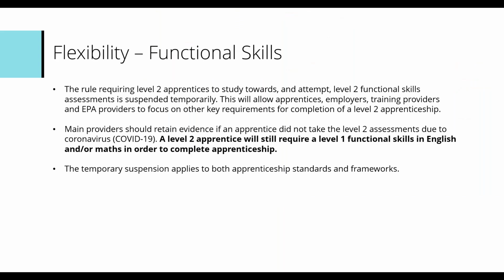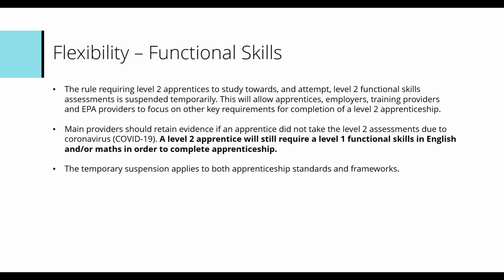First of all, if we look at the flexibility that exists around functional skills, the rule requiring Level 2 apprentices to study towards and attempt Level 2 functional skill assessments is temporarily suspended. This will allow your apprentices, employers, training providers and EPA providers to focus on other key requirements for completion of a Level 2 apprenticeship.